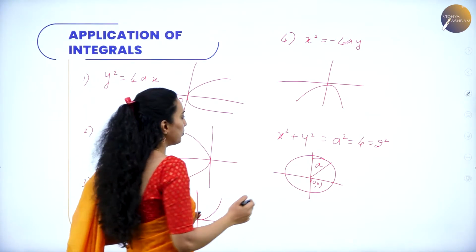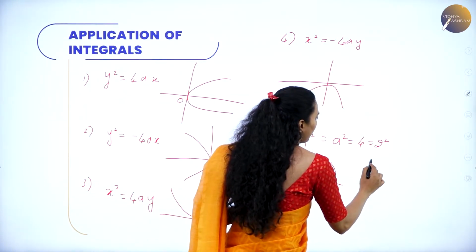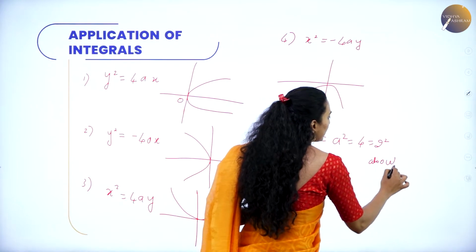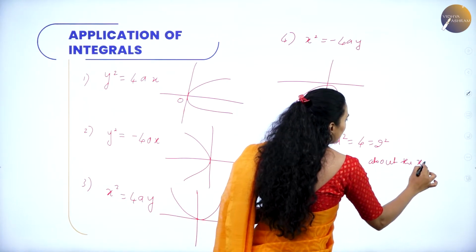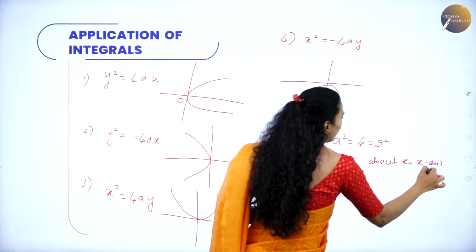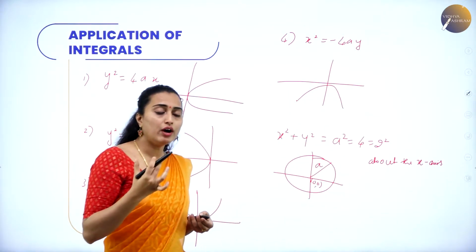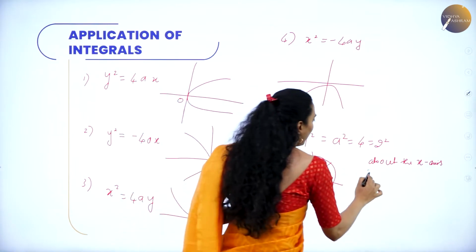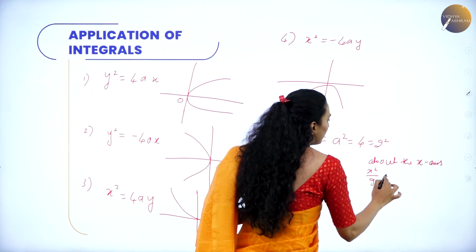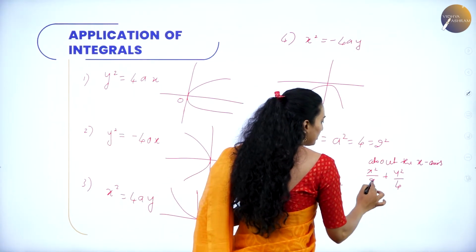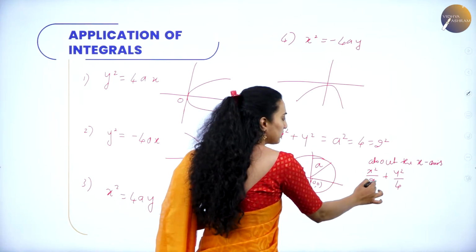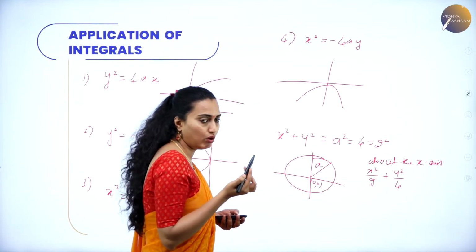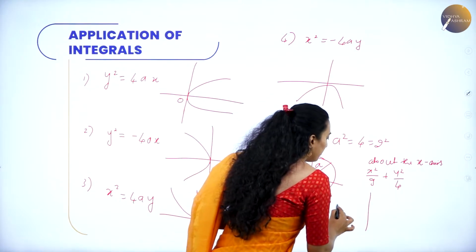The ellipse will come about the x-axis or about the y-axis. About the x-axis means the x coordinate will be greater than the y coordinate. For example, if you have x square divided by 9 plus y square divided by 4, see, 9 is greater than 4, that is, the x coordinate is greater than the y coordinate. So the ellipse will be like this.